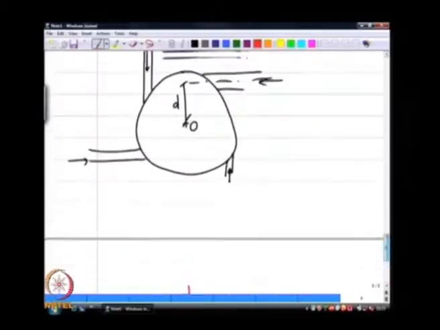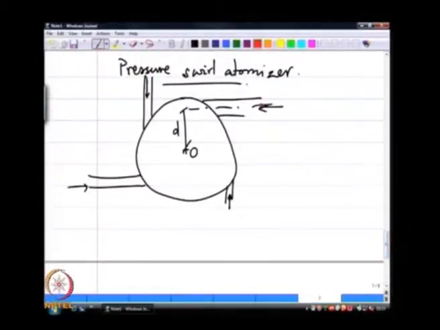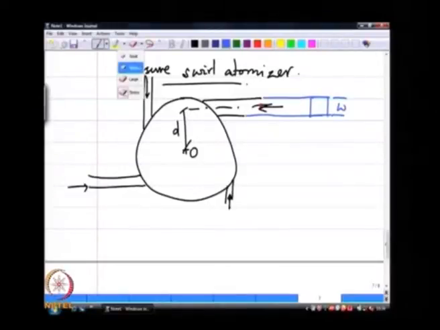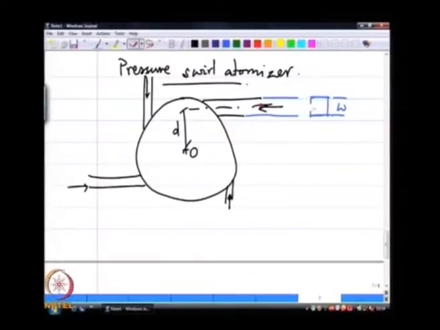Okay, so, if I go back to this case and let us say I was to characterize this cross sectional area, this is some width W and some height h.